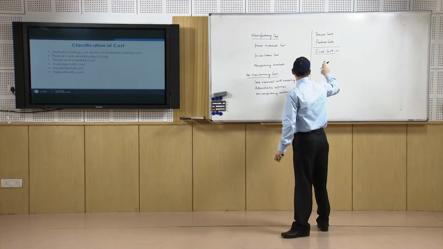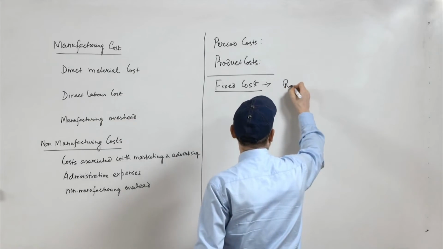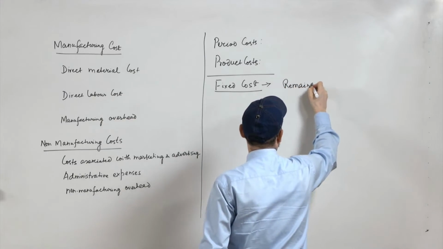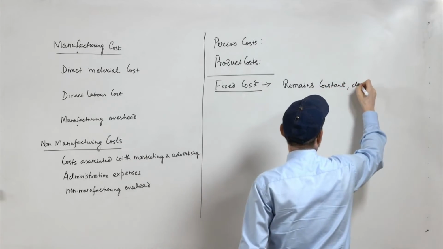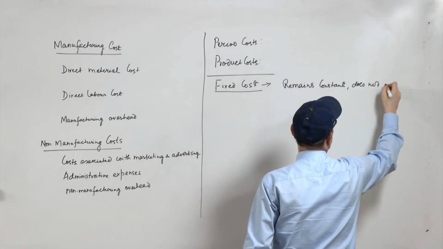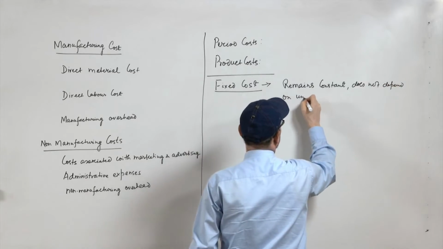So, fixed cost basically remains constant and does not depend on units produced.